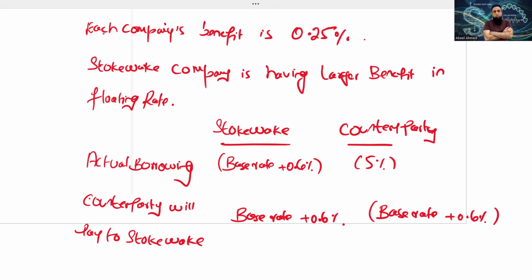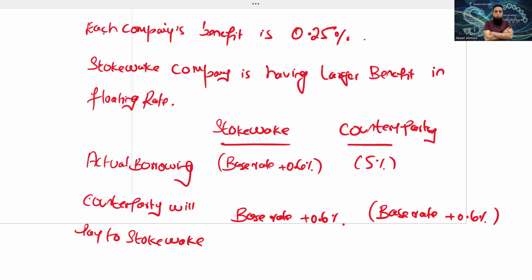Now, of course, Stoke Wake will have to pay in the fixed rate to counterparty. But listen carefully, students. Stoke Wake company will pay to the counterparty in the fixed rate, but before making any payment, Stoke Wake will deduct its benefit from their own fixed rate.